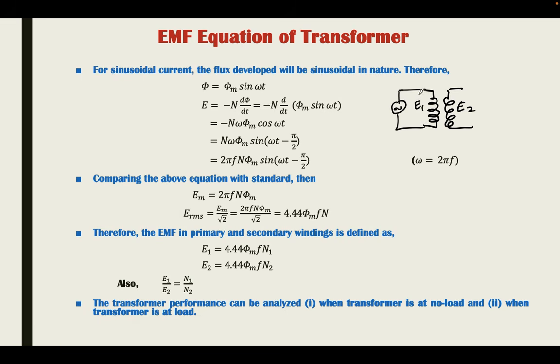Now we know the flux developed in the transformer winding due to AC supply is phi equal to phi m sin omega t. Because of AC supply we know I is equal to Im sin omega t, and because of this current the flux developed phi will also be phi m sin omega t.